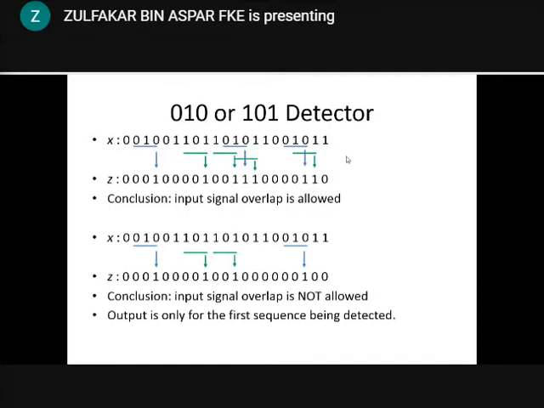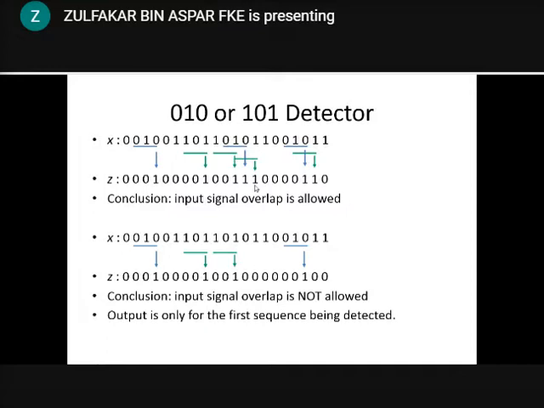The 101 is shared between the previous 101 and the current 101, which is the attempt to detect the sequence. If this is allowed, then you can see from the example, you have the second 101 output, and this is the third 101 output.